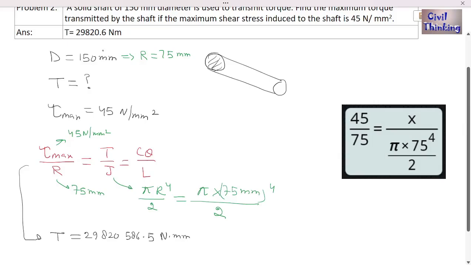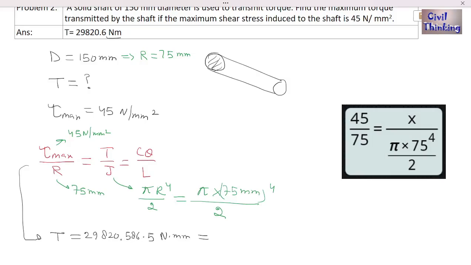Now we want this answer in Newton meter, so I have to convert it. A millimeter is smaller than a meter, so I have to multiply by 10 to the power minus 3, which means moving the decimal 3 places backwards.